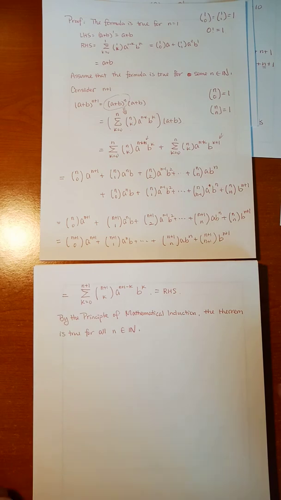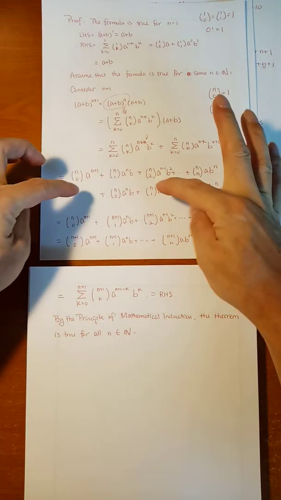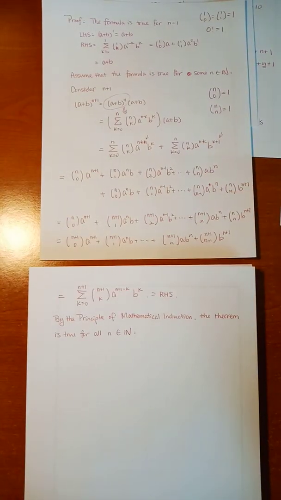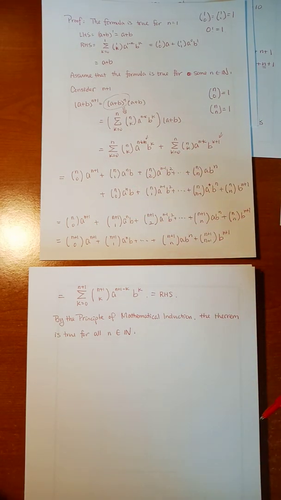Okay, so this is the complete proof of the binomial theorem. It depends on a careful expansion of two sigmas, organizing them nicely, and doing the column addition of coefficients. Okay, so all these are examples of the principle of mathematical induction.